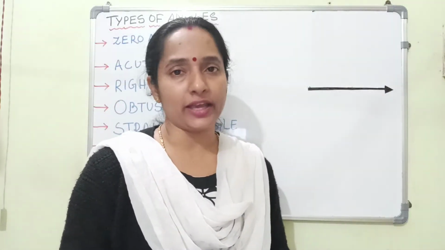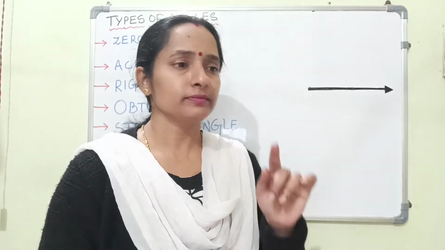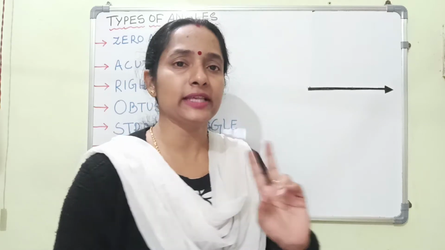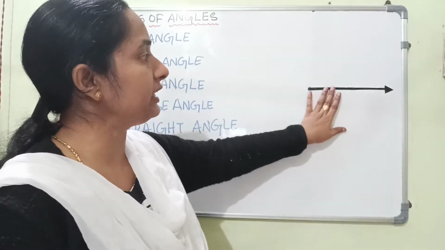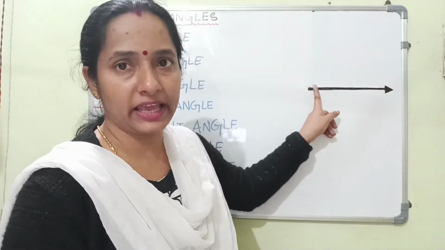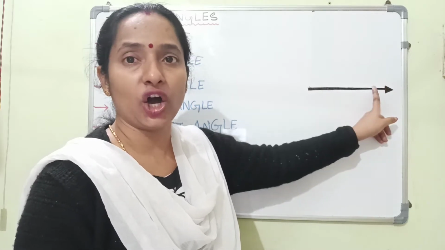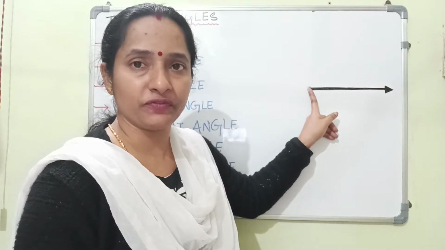When a zero angle is created, as per the definition, an angle has a common end point of two rays. An angle is formed with two rays that have a common end point. Now here I have fixed a ray which is in the horizontal shape. This point is the end point of this ray.